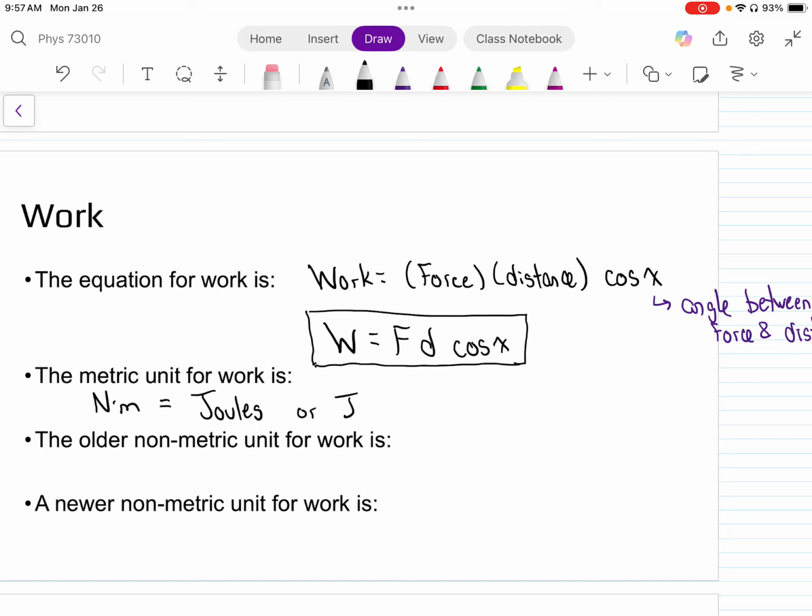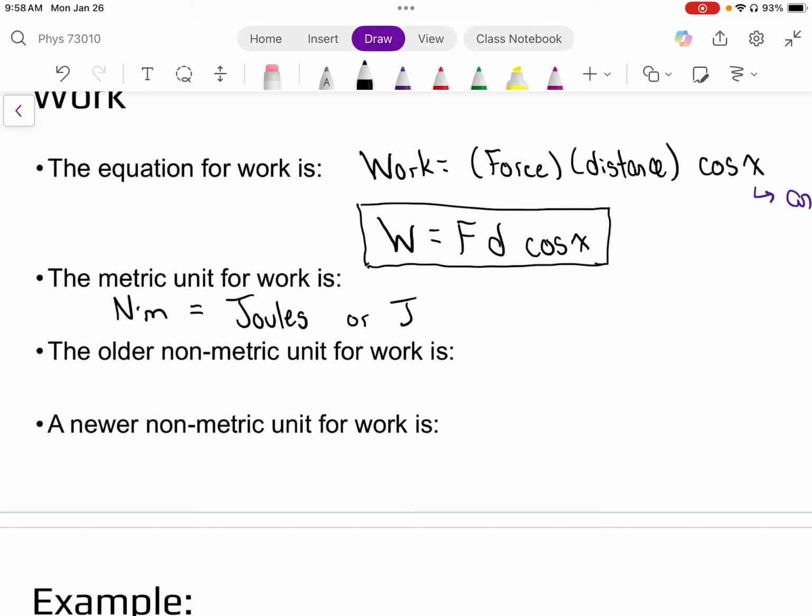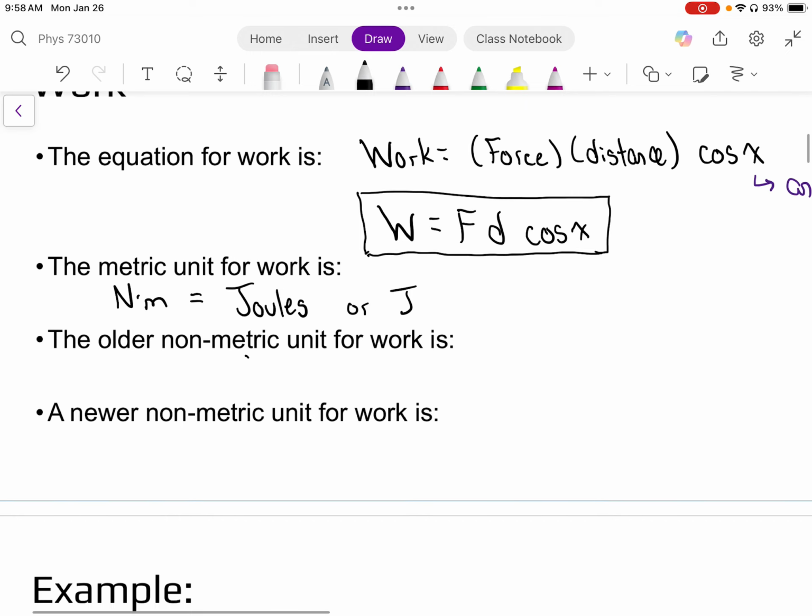Everyone's going to recognize the older non-metric unit for work. If we were in class, I'd get you to guess or see if someone could come up with it. This one is the calorie. Now, when you look at a menu and it mentions how many calories are in that burger you're about to eat, it's telling you the energy content.